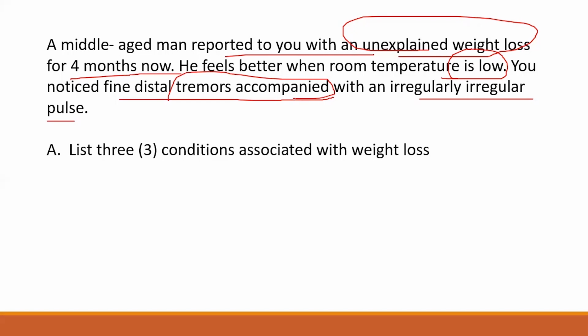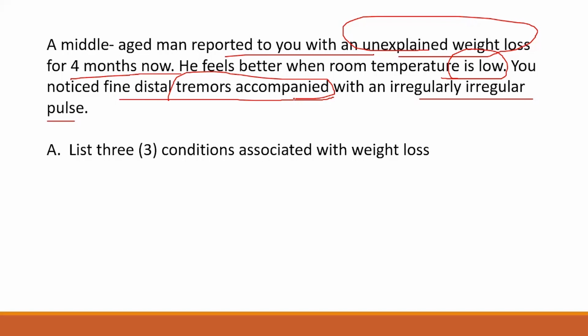Example, hyperthyroidism, type 1 diabetes mellitus, hypopituitarism, which is reduced pituitary gland function. Then anorexia nervosa.